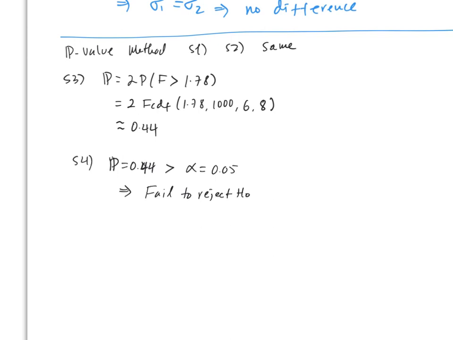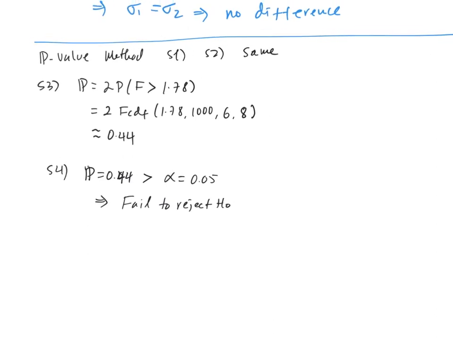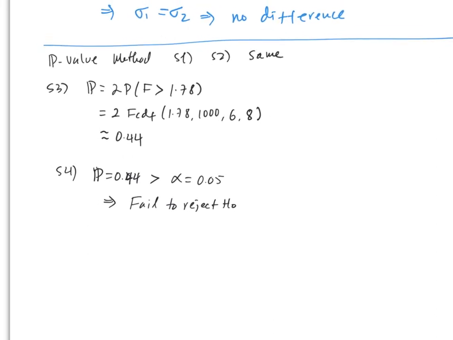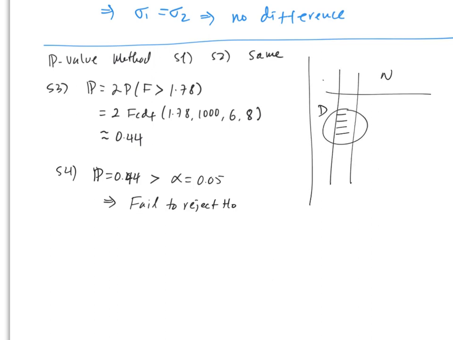If you don't have a calculator, you can also use the table and you can approximate the values. Remember that for the F table, the alpha values are on the left side. The numerator goes this way, the denominator goes this way, and you have 5 values. All you have to do is find where 1.78 falls between these values.